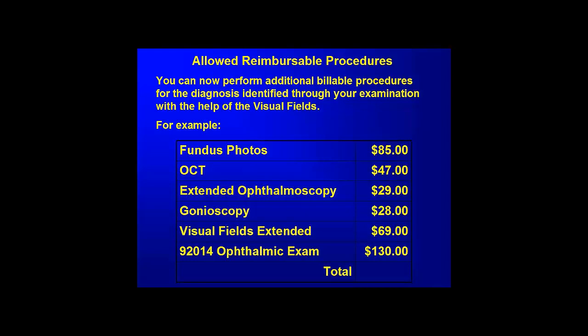But extended ophthalmoscopy, gonio, visual field, now you can bill for it, and an exam. And I just use that as one. There are multiple. So depending on your region, what your fees are, and whether you choose fundus photos and have them come back for OCT or just do OCT, whatever your choice is, it's a significant increase in reimbursement, and it starts with using your instrumentation to get you going.